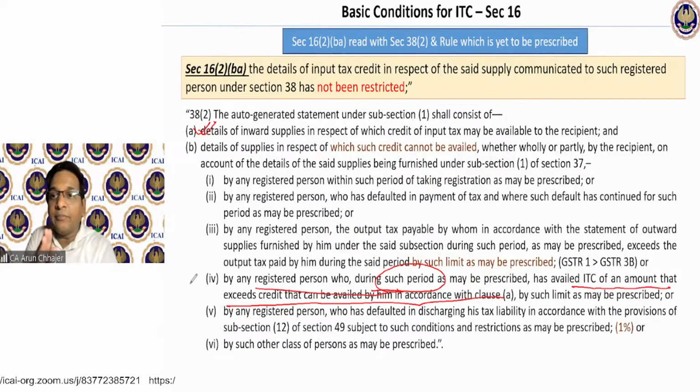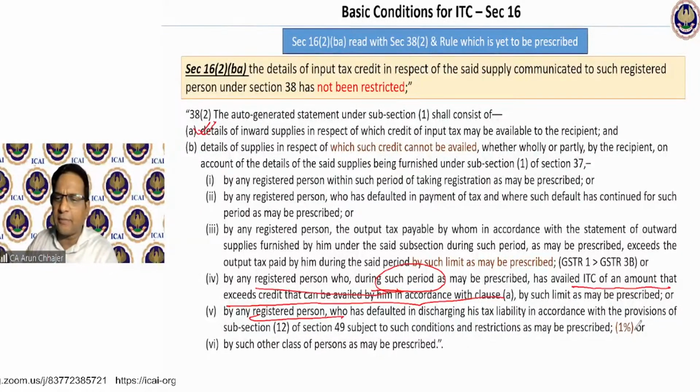See, now I am not checking only my eligibility after the effective operation of section 38 subsection 2 clause B. I need to check the supplier status also for the point which is given there.